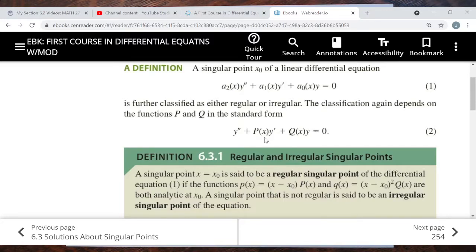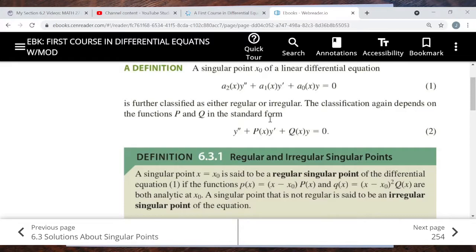Now remember, if x0 is a singular point, that means that at least one of p of x or q of x is not analytic at x sub 0. That means that either p of x or q of x, or both, can't be expressed as a power series centered at x sub 0 with some non-negative radius of convergence. That's what it means to be a singular point.